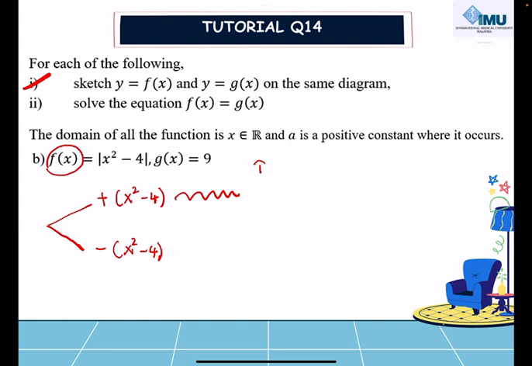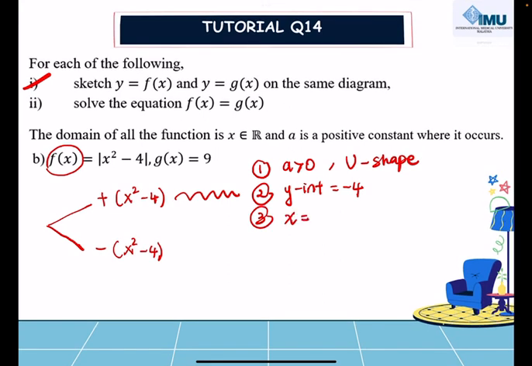Since it is a quadratic, first of all, identify the shape. Since your a is greater than 0, you know it's going to be a U-shape. Now, what about your y-intercept? The y-intercept is simply the value of c, which is equivalent to negative 4 here. Number 3, the axis of symmetry is equal to negative b over 2a.